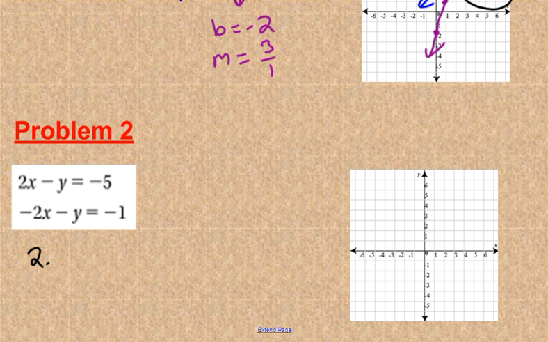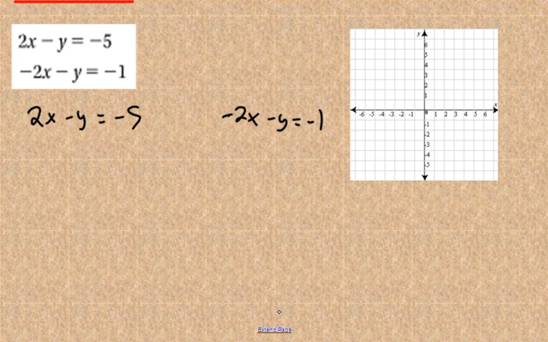So I've got 2x minus y equals negative 5. Then we have negative 2x minus y equals negative 1. So I'm going to solve them to put them into slope-intercept form so we can graph them and see where they cross. So right here we have minus 2x on both sides. Let me get rid of that x term.